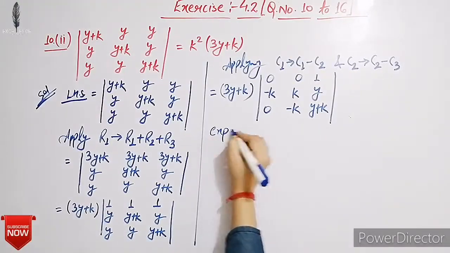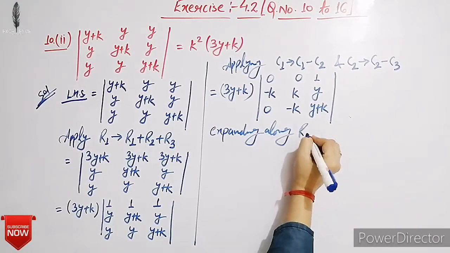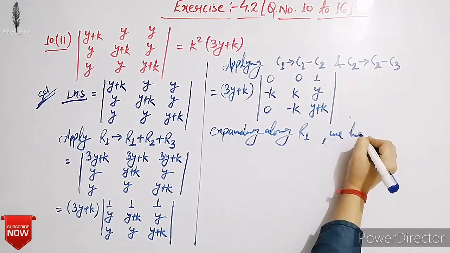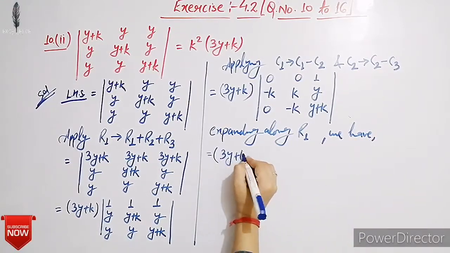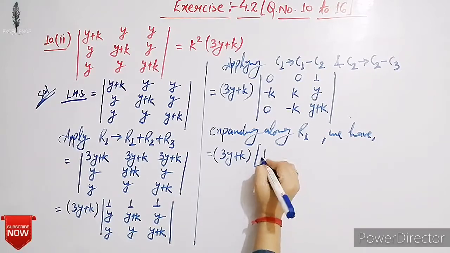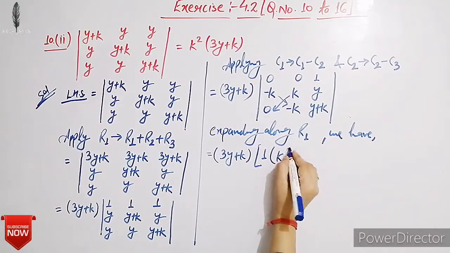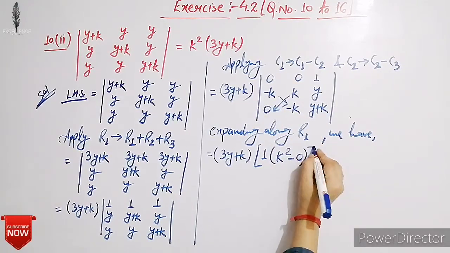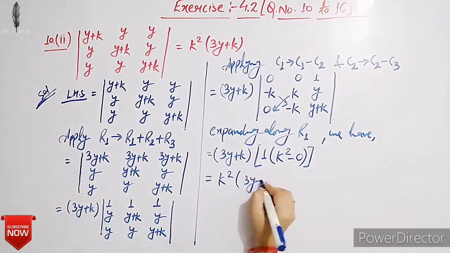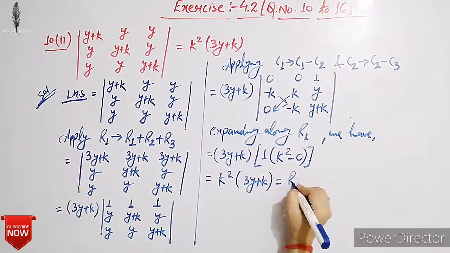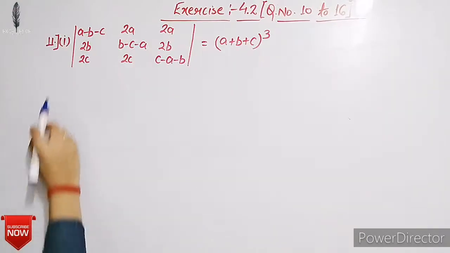So expanding along R1, we have 3y plus k into 1 into k into minus k, that is k square minus 0. It is equals to k square into 3y plus k, that is equals to RHS. Hence proved.